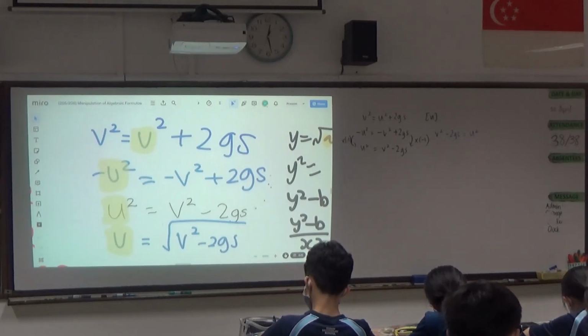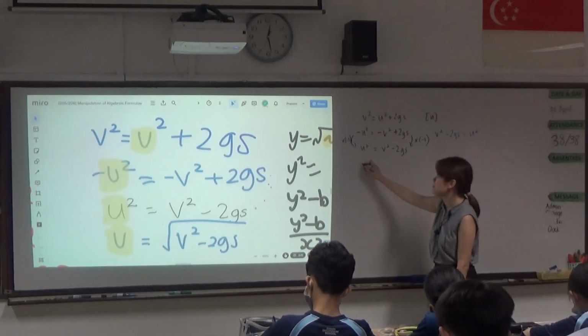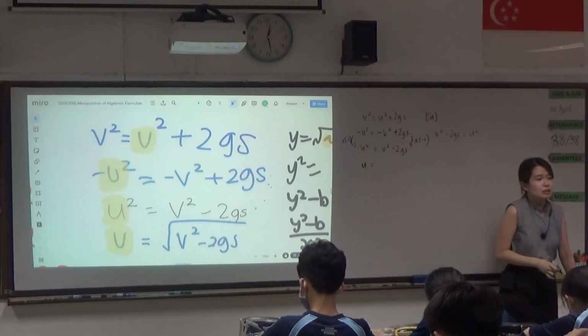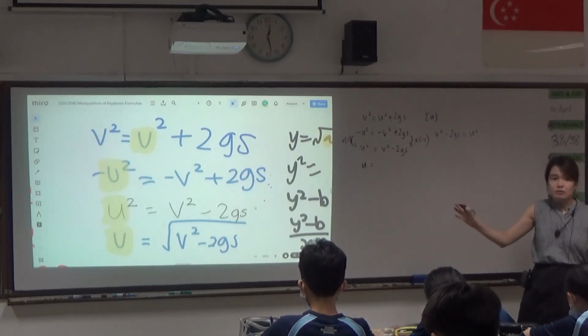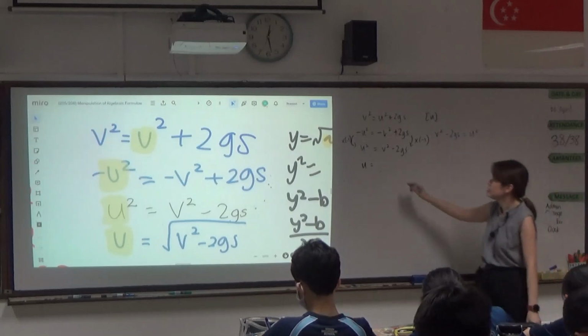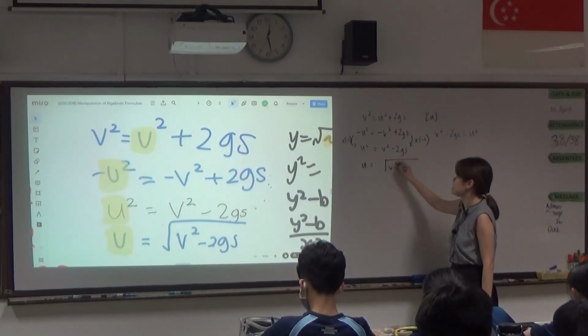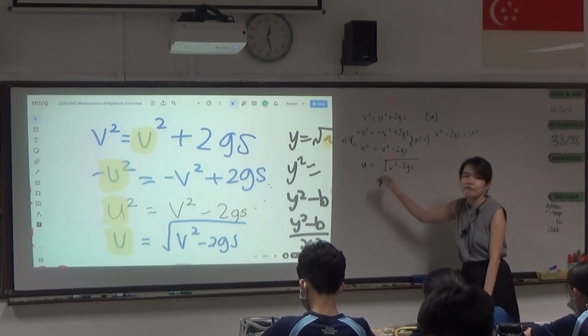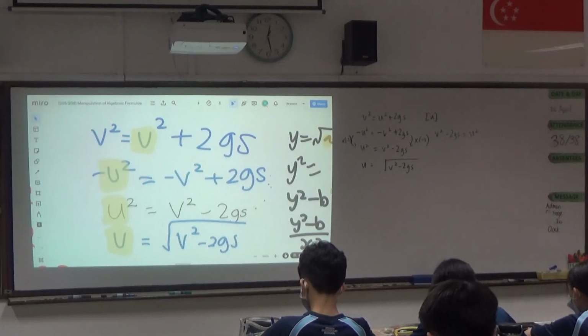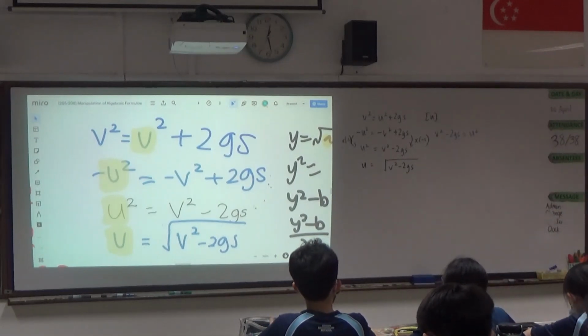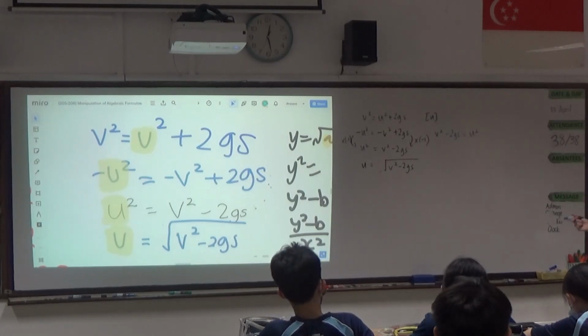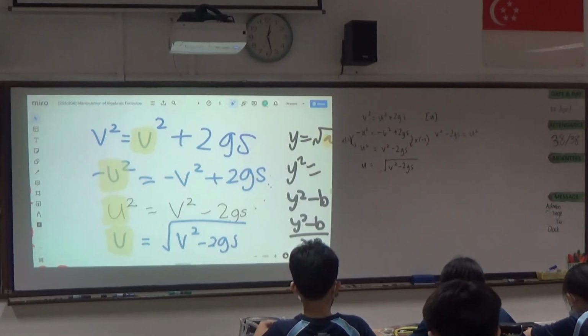Then, the objective is to find u. Everybody that has attempted this question has decided that the answer is v squared minus 2gs with the square root sign. If you heard what I just said when I was going through exercise 5a, is this correct? What should happen?